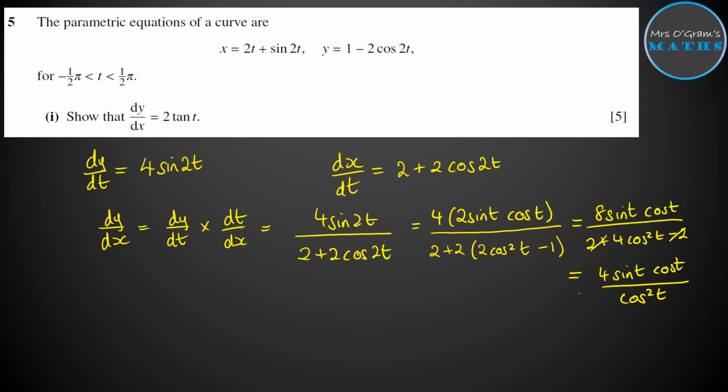So one of the cos on the top will cancel with one of the cos on the bottom, and I've just realized it's not 4. 8 divided by 4 is 2. So 2 sine t cos t over cos squared t cancels down to 2 sine t over cos t, which equals 2 tan t, as was required.